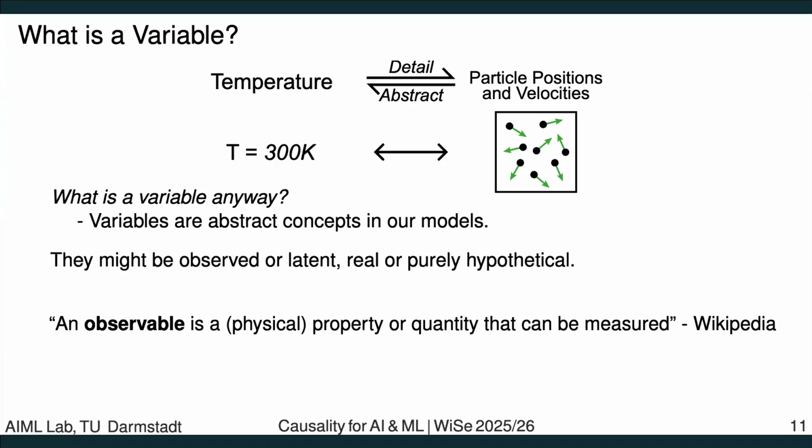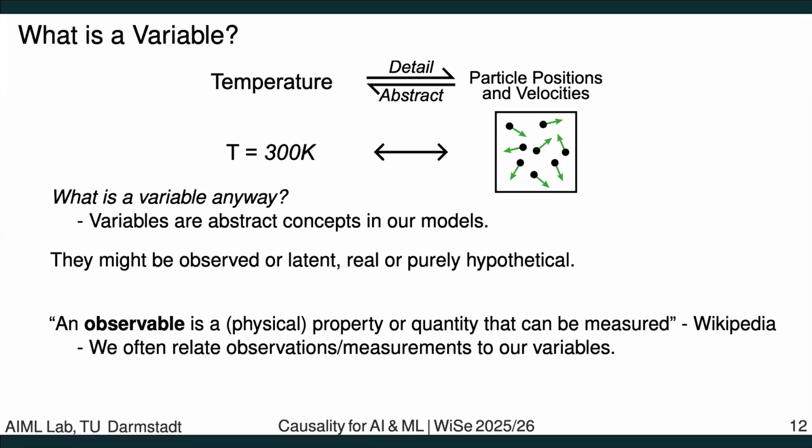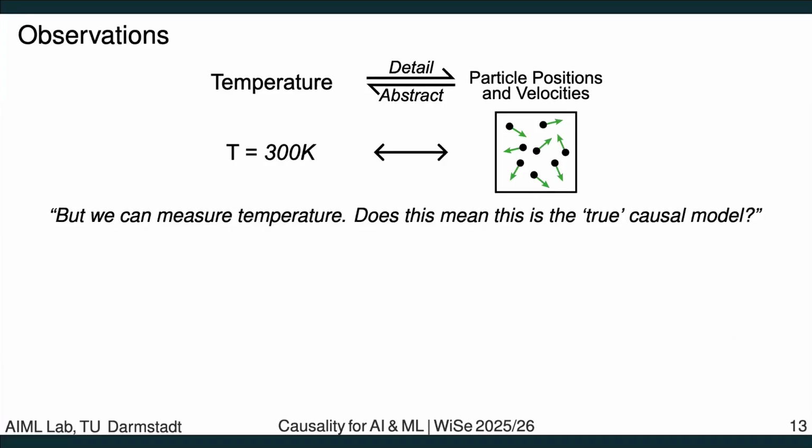In contrast to that, we have observables, which are quantities that we can measure. But the thing here is, how do we measure them? Which tools are available for us? Are these measurements on the same level of our variables that we would like to model?